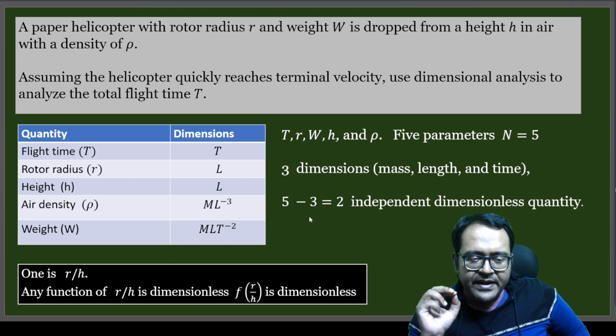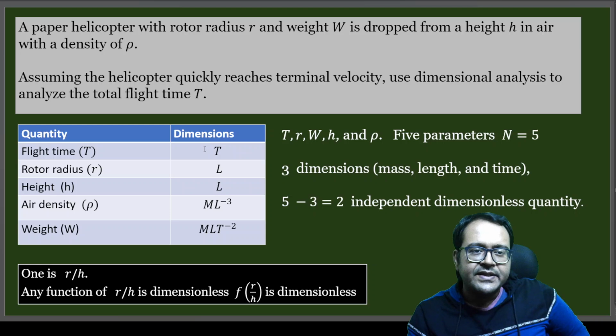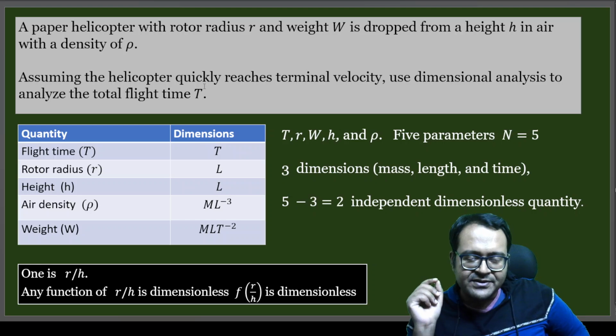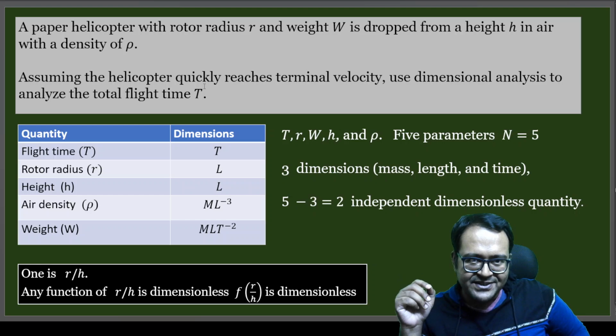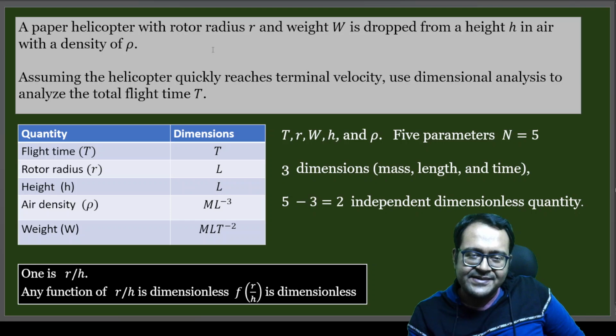The main application will be in some more complicated problems. Let's say you are throwing a paper helicopter. Paper helicopter we played with in our childhood. We made a helicopter with paper. So let's say a paper helicopter with radius r and weight w is dropped from a height h in air.